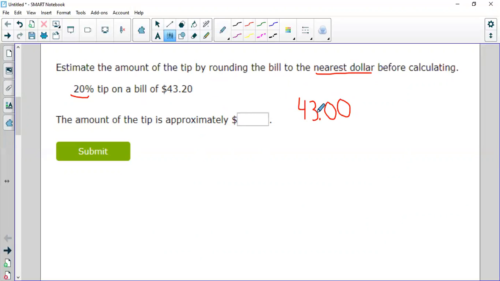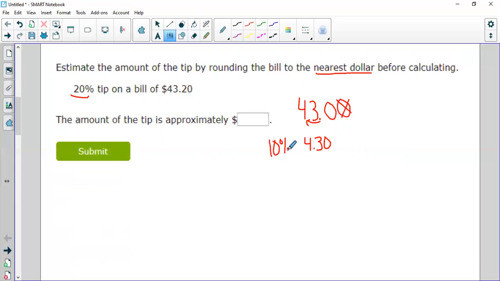That's my new value. I'm going to find 10% by taking this decimal and moving it one place to the left and then dropping off that last digit. So now $43 just became $4.30. And this is my 10% value.